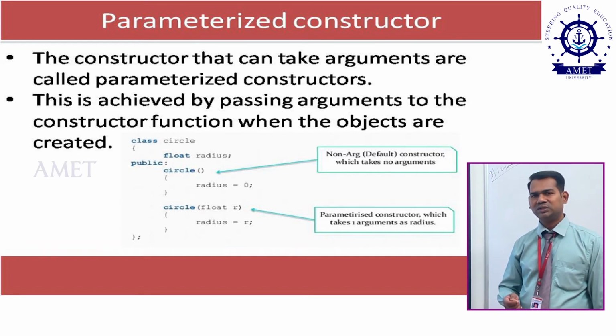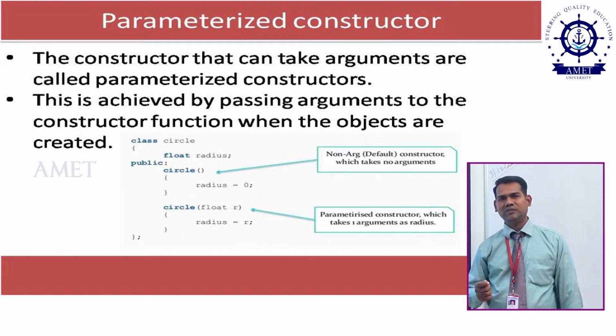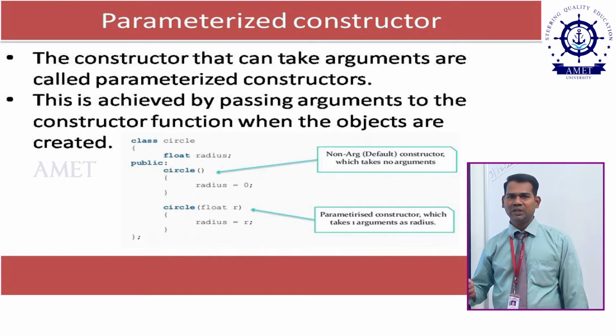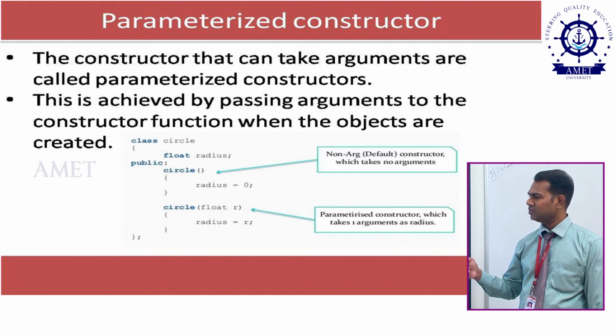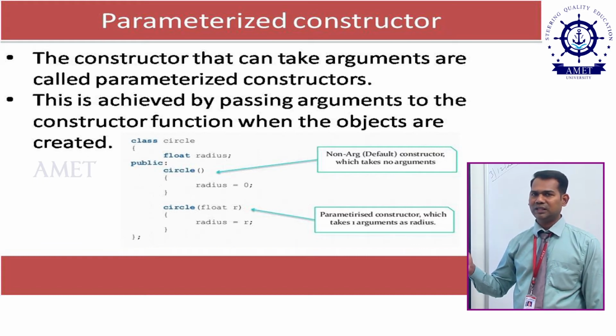Notably, indirectly we are achieving one of the concepts of object oriented programming, called function overloading. If two functions have the same name with different parameters or a different return type, and we try to execute both functions, then it is called function overloading. Here also we have two functions, Circle without parameter and Circle with parameter.